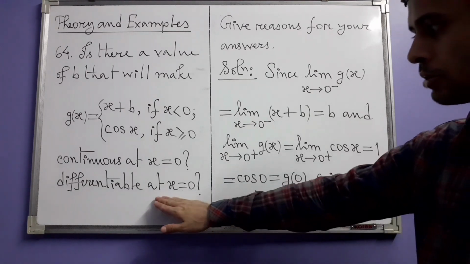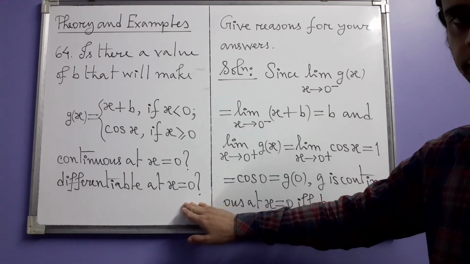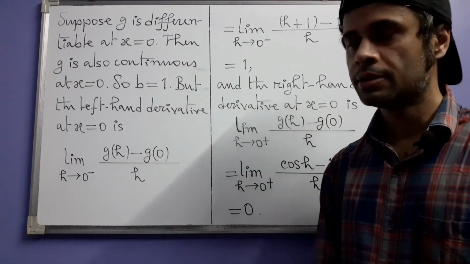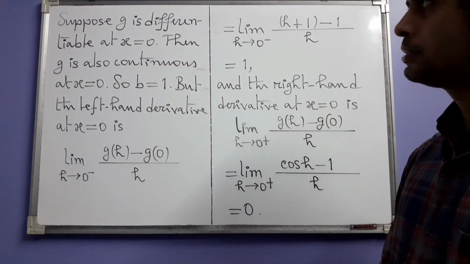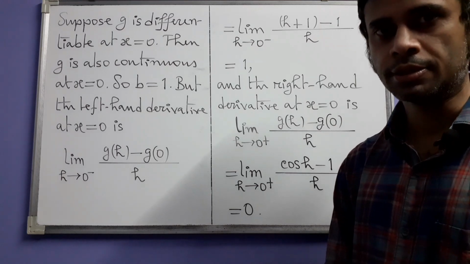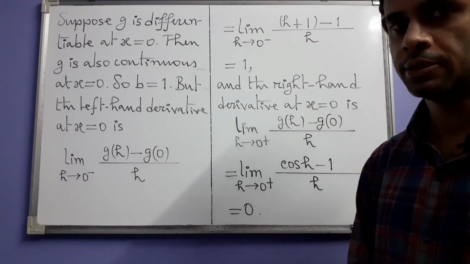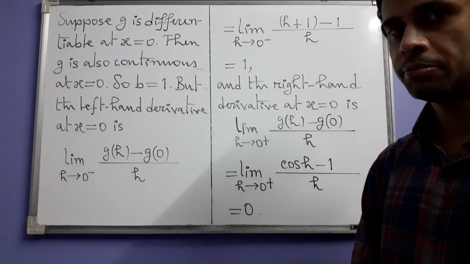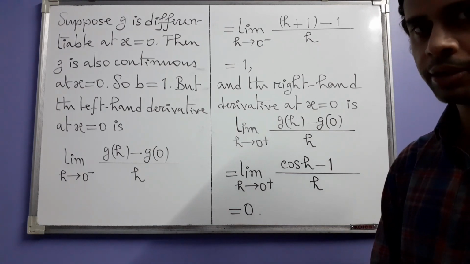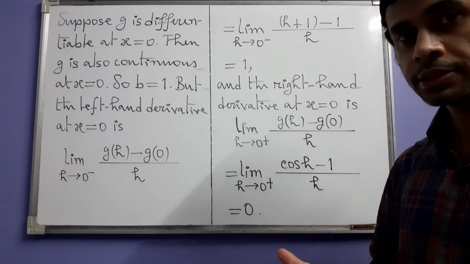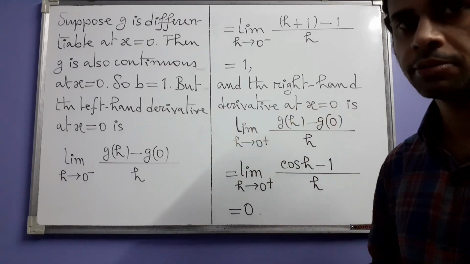Next comes the question of differentiability at that point. Suppose that the function g is differentiable at x equal to 0, and we want to see what we get from this supposition. Do we get some specific value of b which will come out as a necessary condition of differentiability?